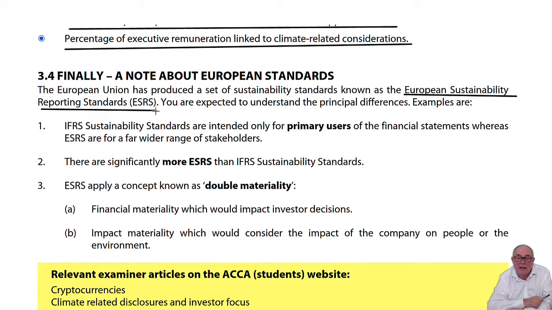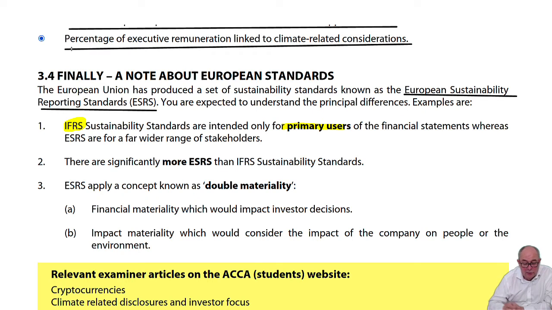So I've highlighted what I regard as 3 major points. Would I learn this? Yes. Will it come up? Yes, it may well, and it will be a very easy way to get 3 or 4 marks. So we've already said that anything produced by the ISSB, so anything that's IFRS focused, is for primary users.